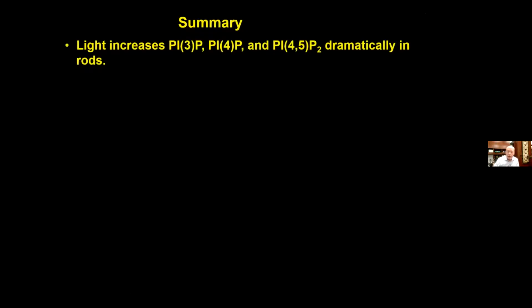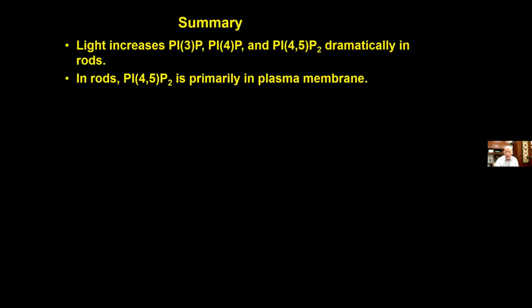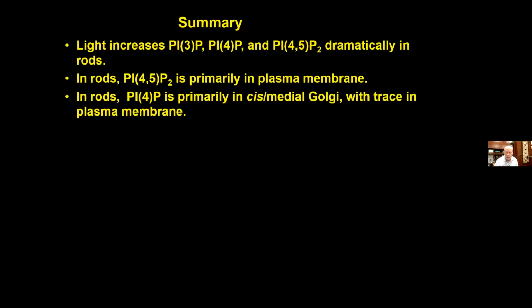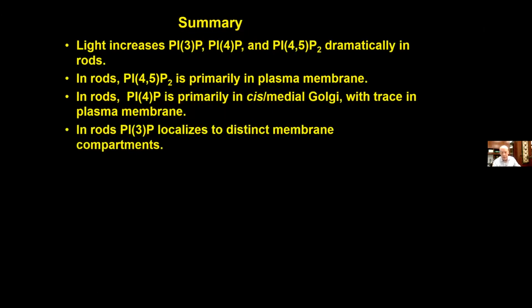that light increases PI3P, PI4P, and PIP2 dramatically in rods. PIP2 is located primarily in patches in the plasma membrane. I didn't show you the data on PI4P, but it's in the Golgi, and there's some in the plasma membrane.